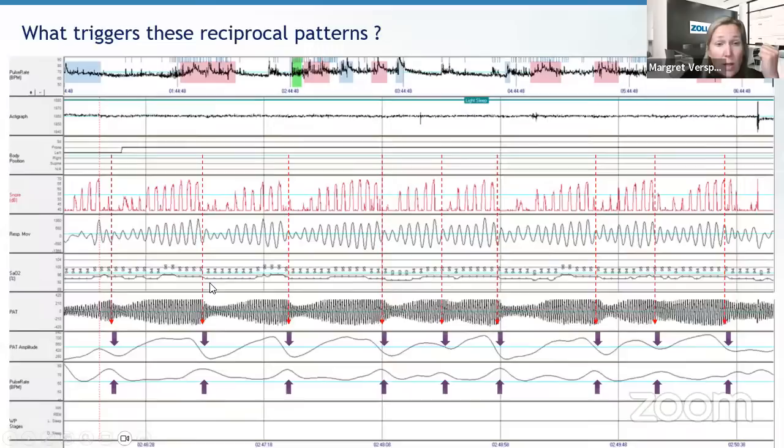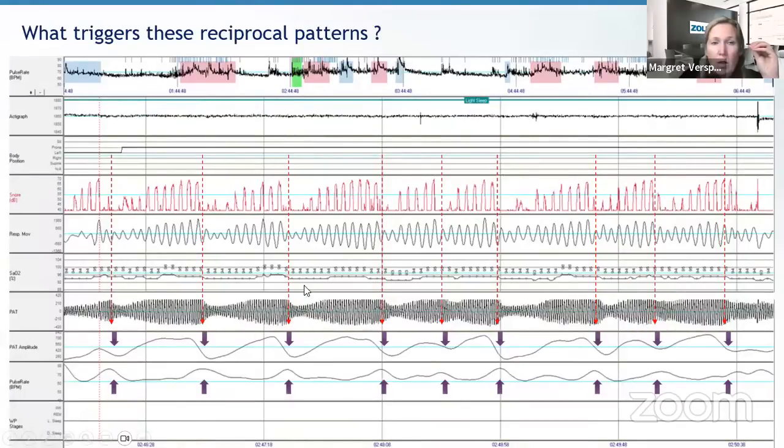There's no real desaturation, a very mild one, going down only 2%, from 96 to 94. So not enough for the algorithm to detect a desaturation because it's not 3% or more, but there is an arousal. So there is an obstruction of the upper airway and there is an arousal. So the algorithm will score a respiratory event.